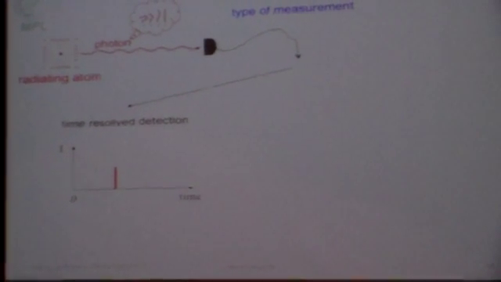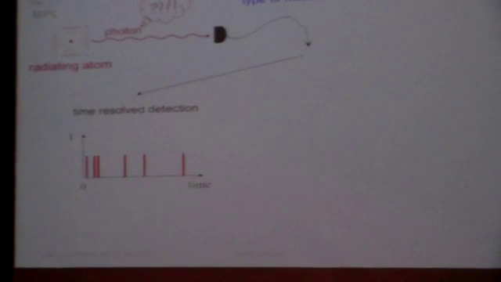So when we do this once, we don't know so much. We repeat this, and the histogram builds up, and eventually we will see there is an exponential decay. This tau is called the mean lifetime of the excited state, describing this spontaneous emission.